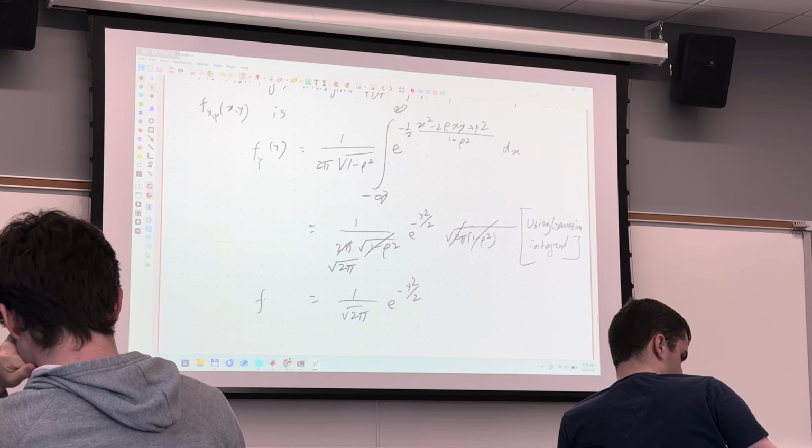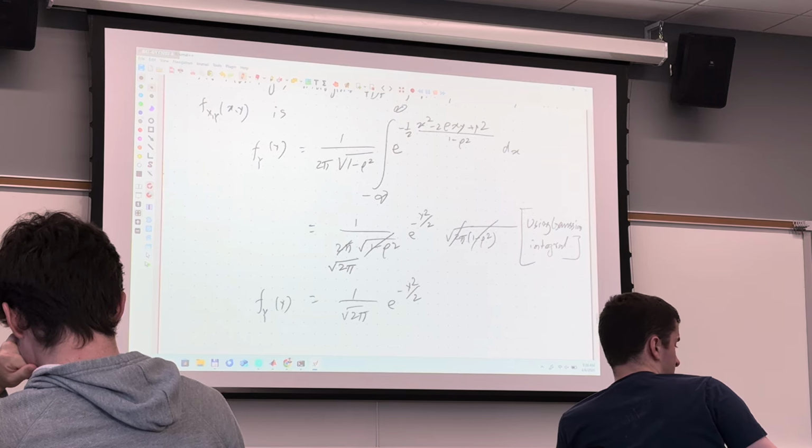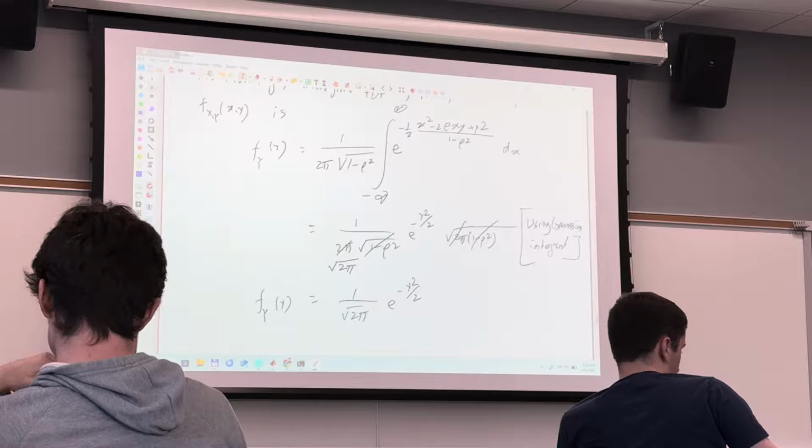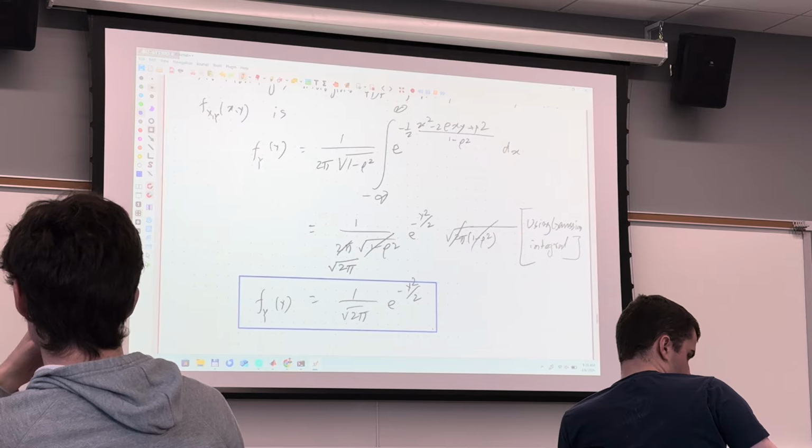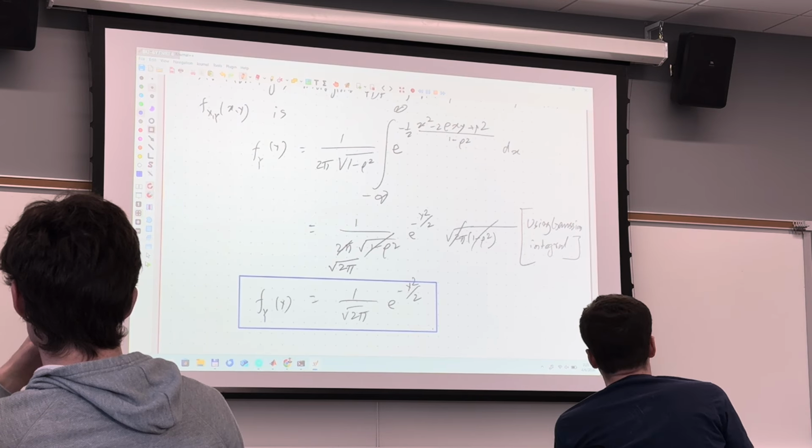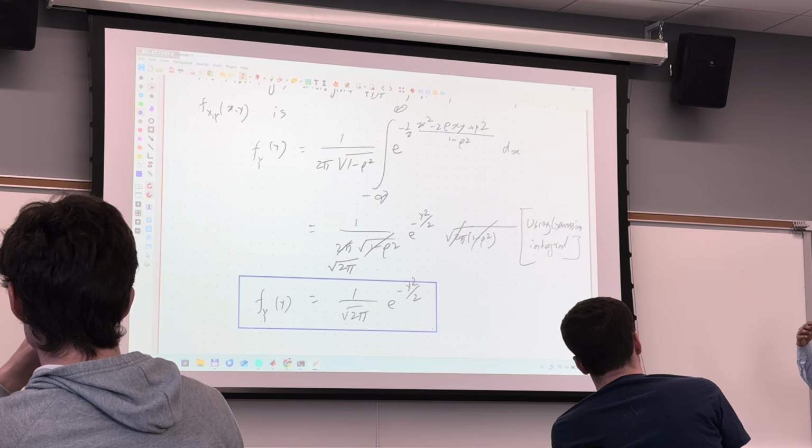So this is your marginal PDF of random variable y. So this is another answer. I did not go through that integral. I directly use the result from Gaussian integral.